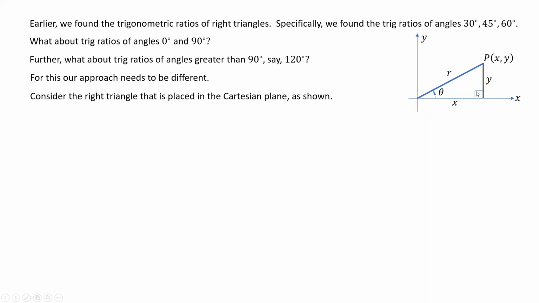So we have a Cartesian coordinate system, and we have a point P whose coordinates are x and y. The moment I locate a point using the coordinates x and y, what do I mean?